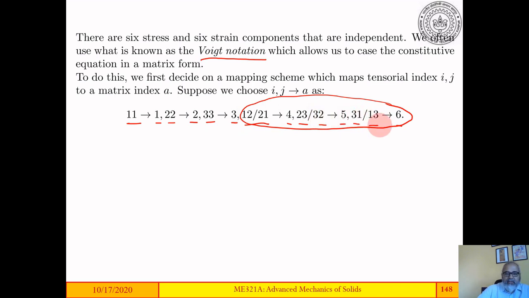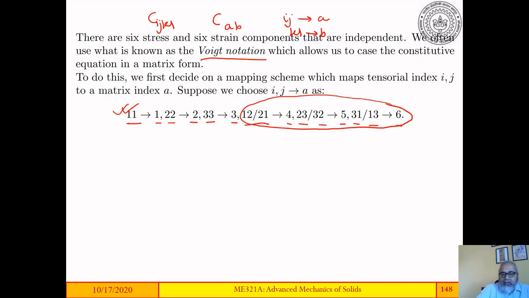And once I do this, I can write the C_ijkls as a 6 cross 6 matrix with components C_AB, where A is the mapping of IJ and KL maps to B according to this rule that I have a priori decided and I'm going to stick to.